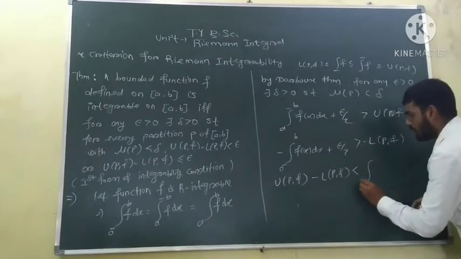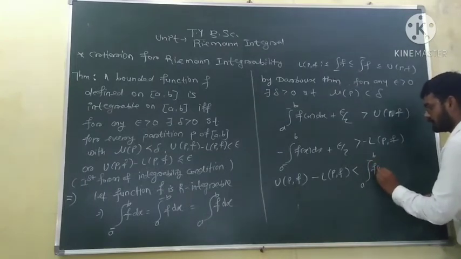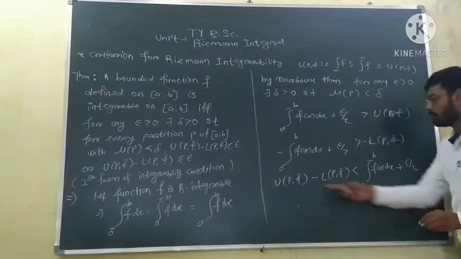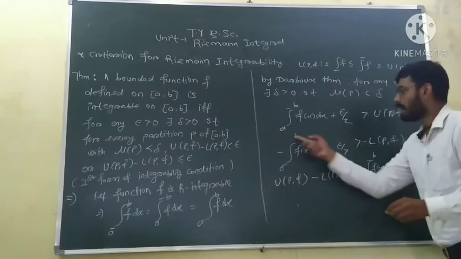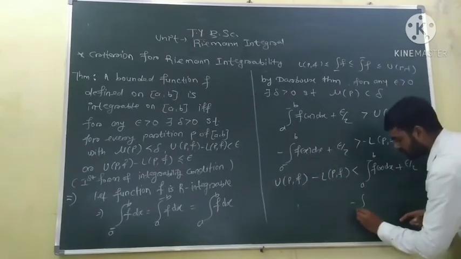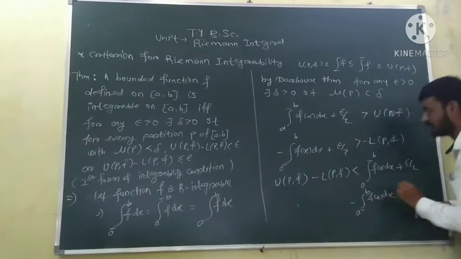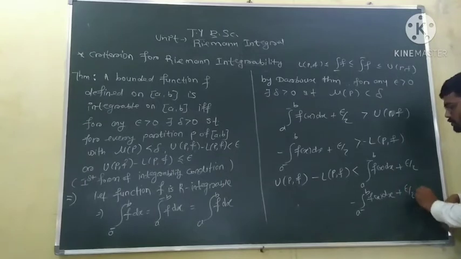So write here upper integral a to b of f(x) dx plus epsilon by 2, minus L(P,f). What is the minus L(P,f)? Minus lower integral a to b of f(x) dx and plus epsilon by 2.